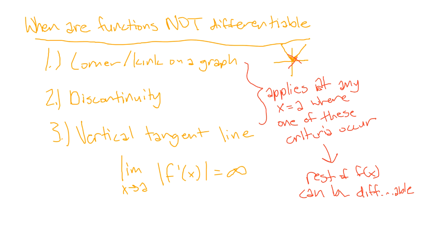So now that we have that, let's go over our notation real quick. There are several different ways we can mark down a derivative. We've already taught you that you can mark a derivative as f prime of x.